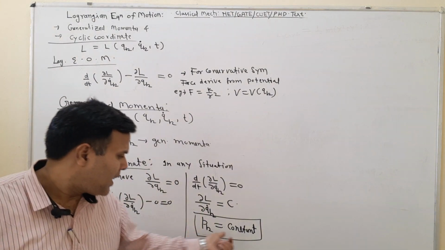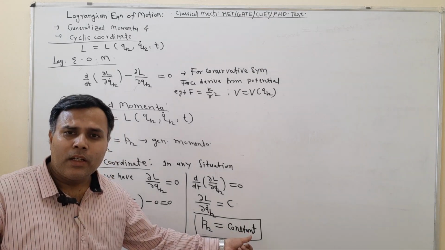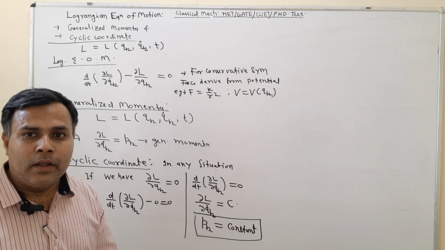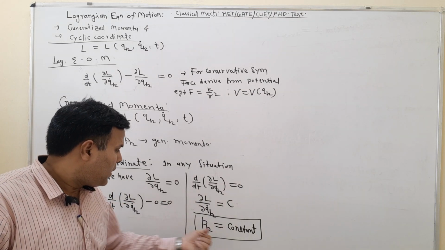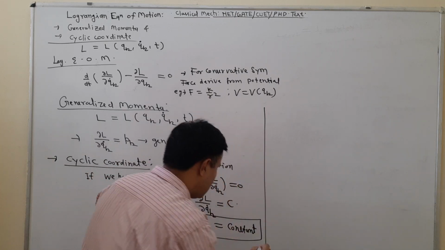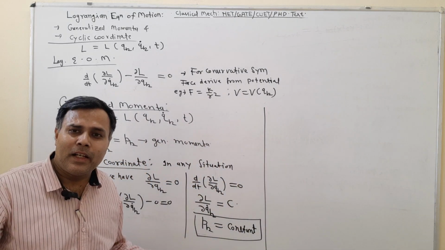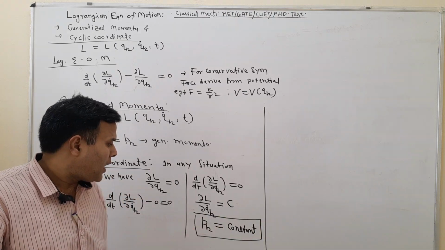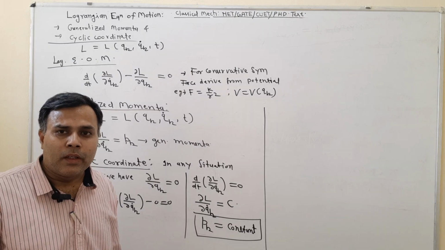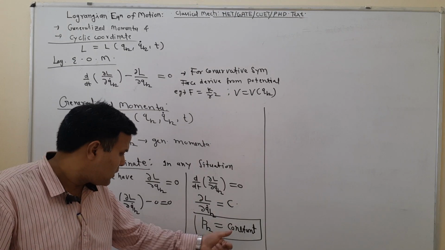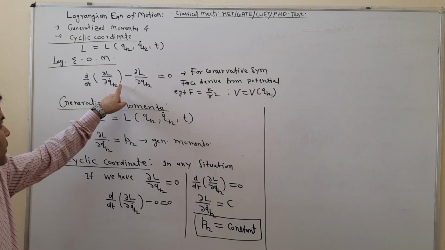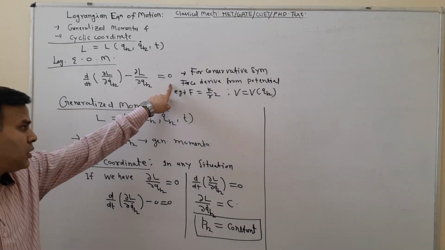So if this Pk is constant, the corresponding coordinate is a cyclic coordinate. In a nutshell, this is the way to derive or recognize the constant of motion. It is all about the Lagrangian equation of motion, which is for a conservative system.